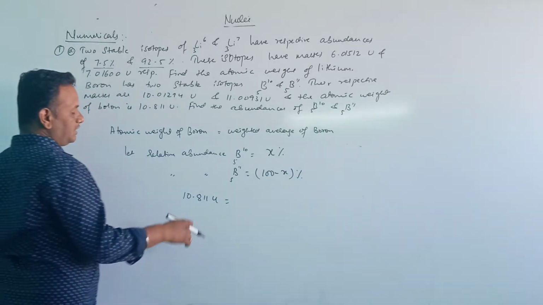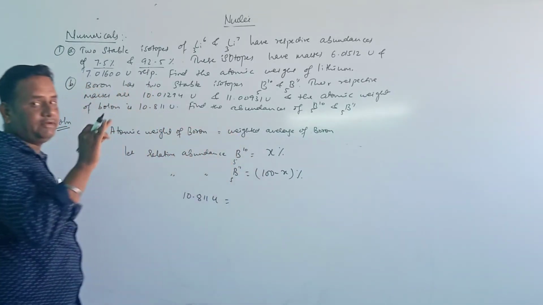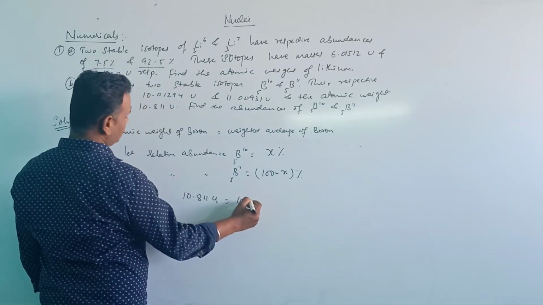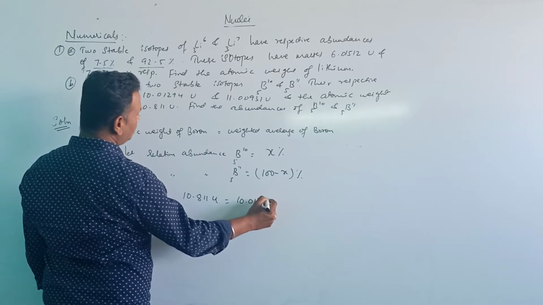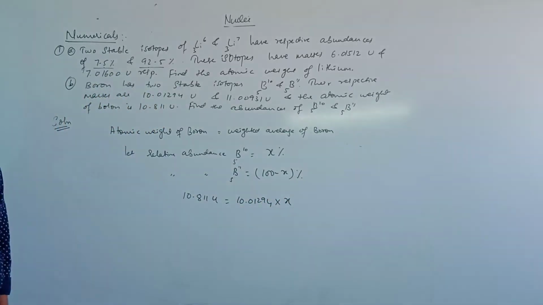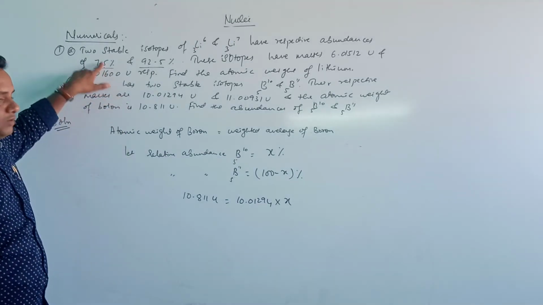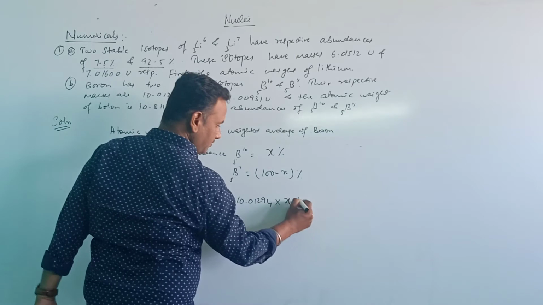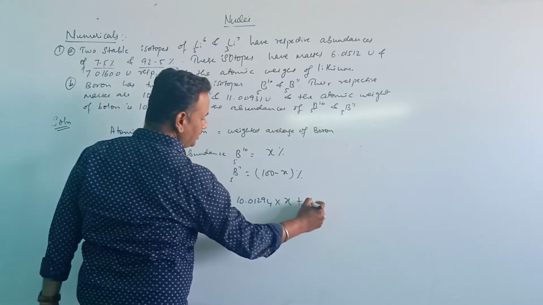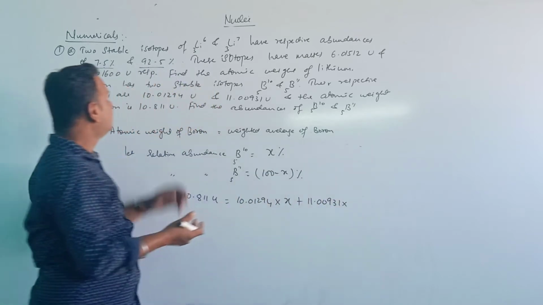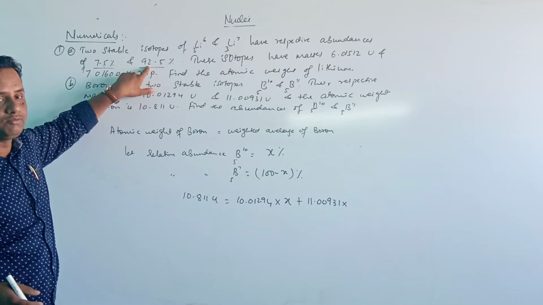As he has given the individual masses of both isotopes, one is 10.01294 into x, plus 11.00931 into the remaining, which is 92.5.